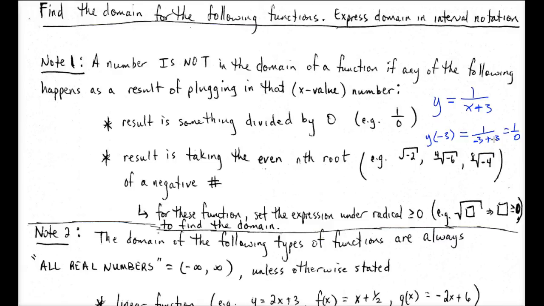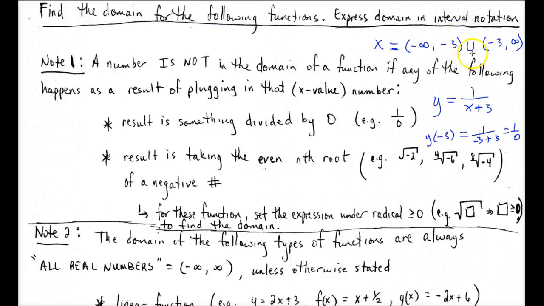So thus, this is why we say that the domain of this particular function I just came up with will be all the values of x except for -3. And if I was to write that in interval notation form, it would look like this. Here all I'm saying is that I'm skipping the number -3, and I know that by the parenthesis that I see there.